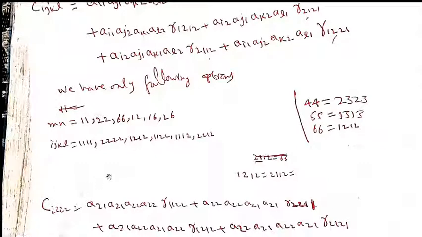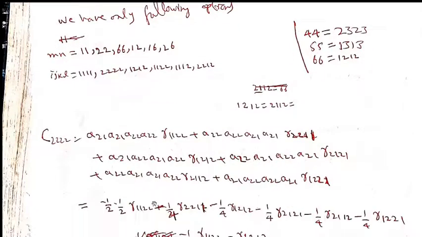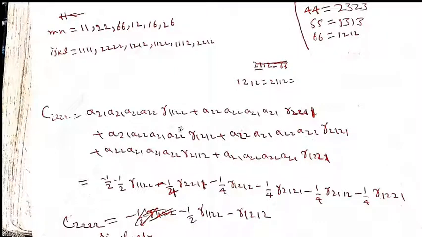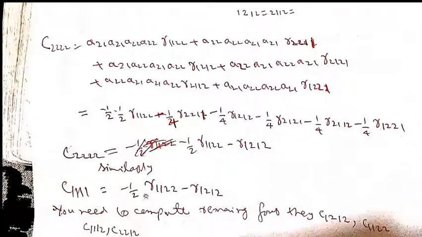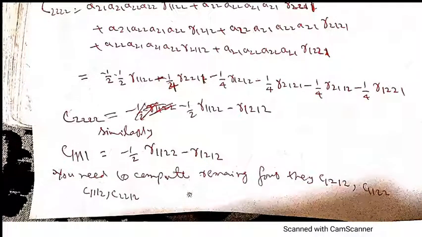Now I have taken any one, suppose C22. On the right hand side you have this. Apply the values of all these A's from your matrix B. You have this on the right hand side. Simplify these. This will be this. Similarly, find this C11, it would be equal to this. You need to complete the remaining 4. They are this, this and this.